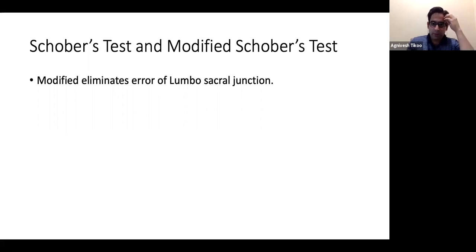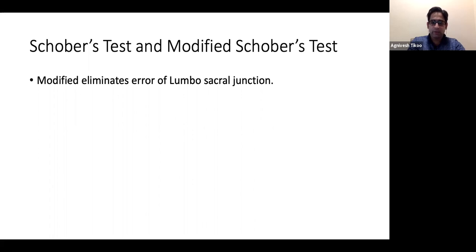But there was a problem: if the examiner did not palpate the L5 spinous process right, or say it was absent, like in a spina bifida occulta, then you would see at L4 and you may mark a point which may not tell you about the lumbosacral junction movement. So now in modified Schober's test, you mark the center point between the two posterior superior iliac spines, which comes at the S2 level.